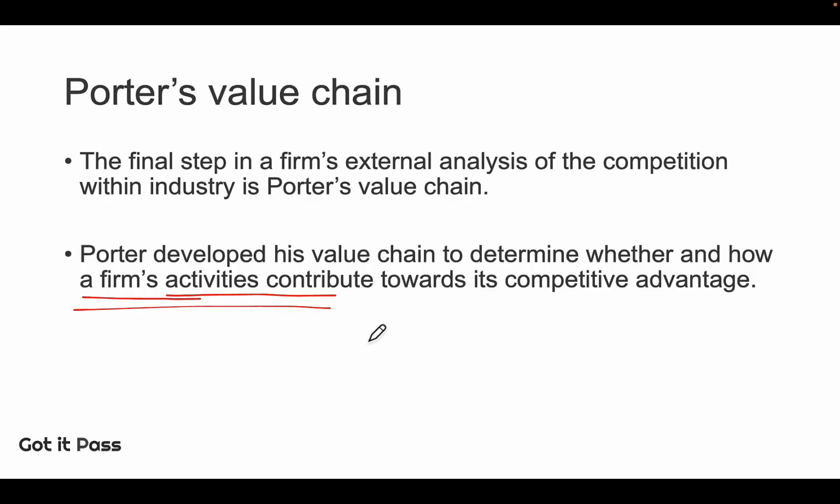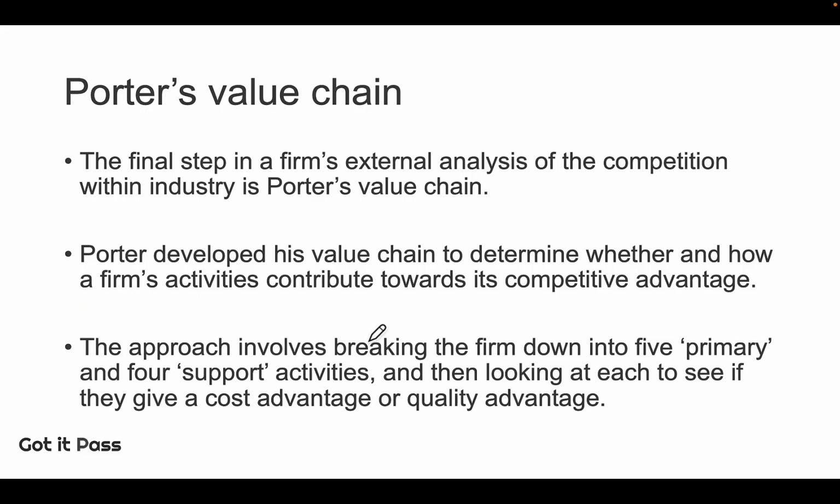And then we moved on to the generic strategies, and now we move to the next step, which is the final step. It's about the firm itself. The firm's activities contribute towards its competitive advantage. This approach involves breaking the firm down into 5 primary and 4 support activities. So you have 9 elements, 5 of which we call primary activities, and 4 of them are support activities.